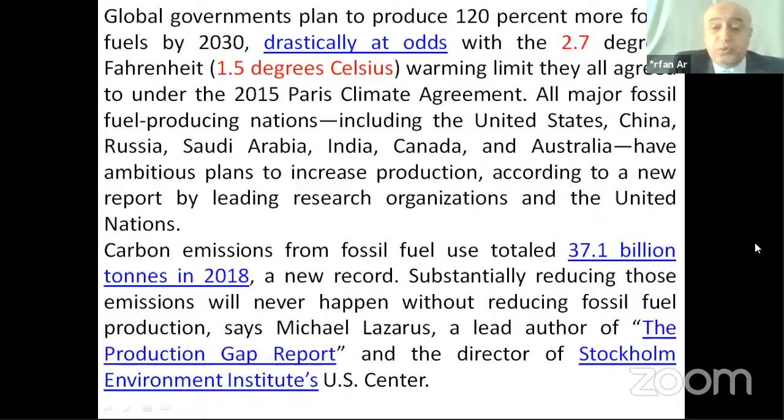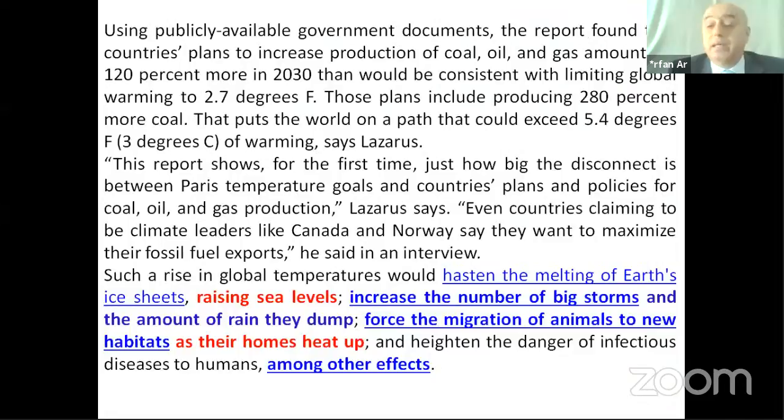Carbon emissions from fossil fuel use totaled 37.1 billion tons in 2018, a new record. Substantially reducing those emissions will never happen without reducing fossil fuel production, says Michael Lazarus, the lead author of the Production Gap Report and the director of the Stockholm Environment Institute's U.S. Center.